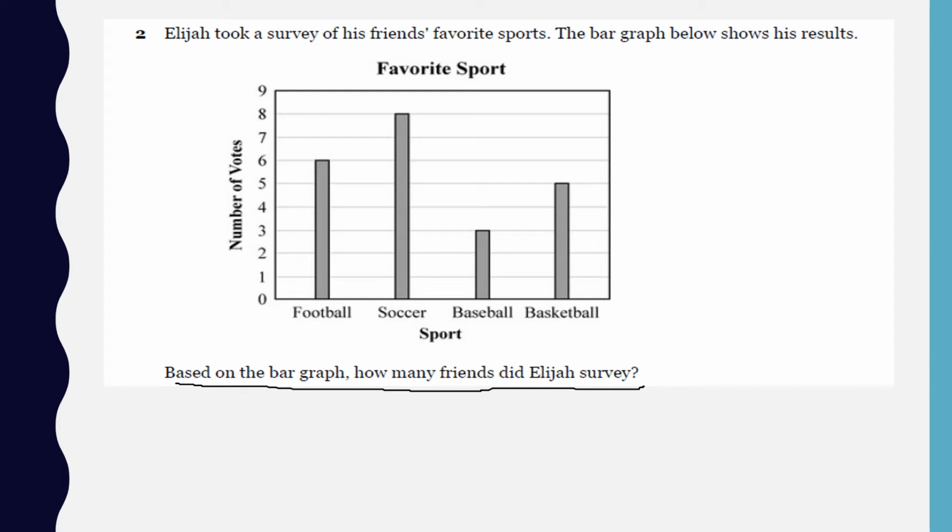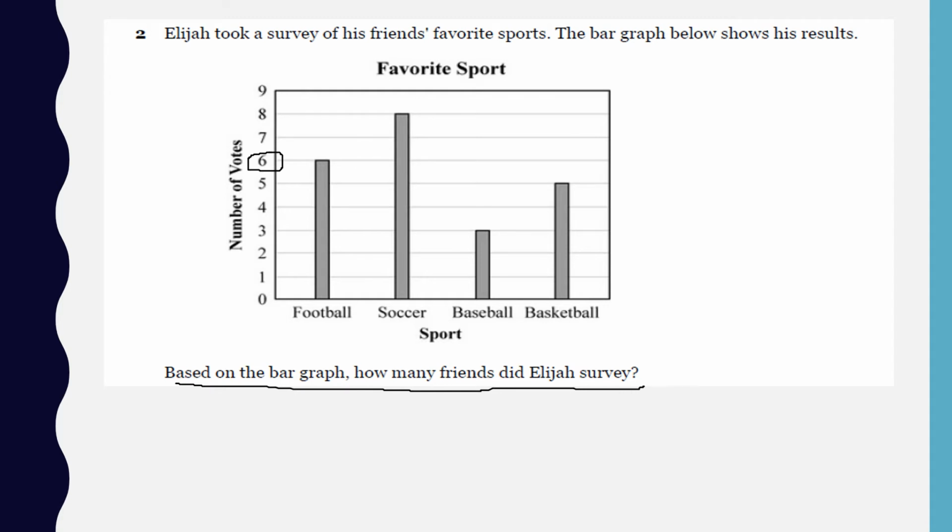This bar graph, the title is favorite sport. These are the favorite sports of Elijah's friends. And in order to find the total number of friends Elijah surveyed, I need to find the number of votes for each of these favorite sports. So this bar graph shows me that 6 of Elijah's friends, their favorite sport was football.